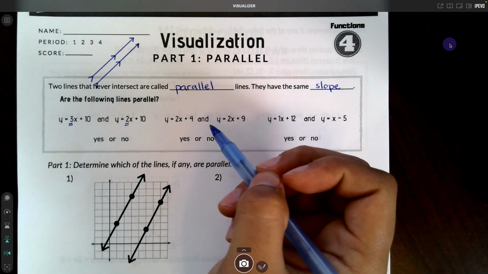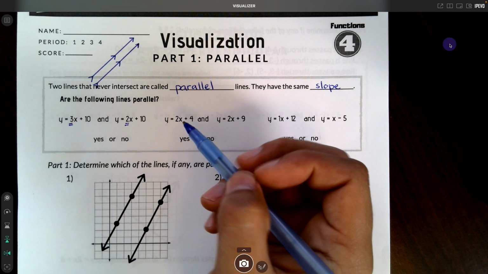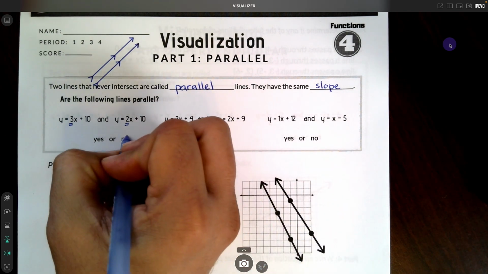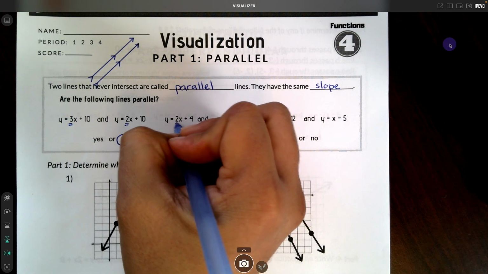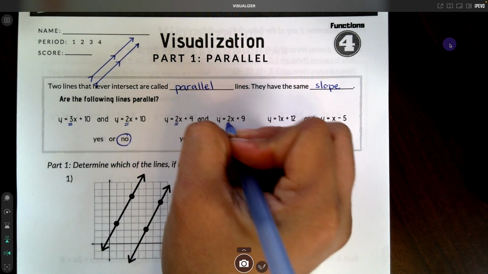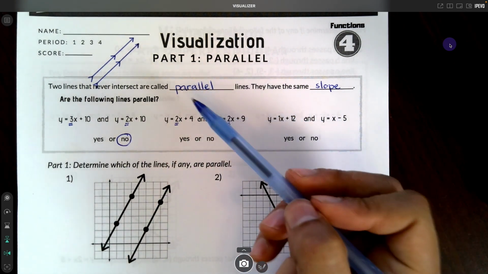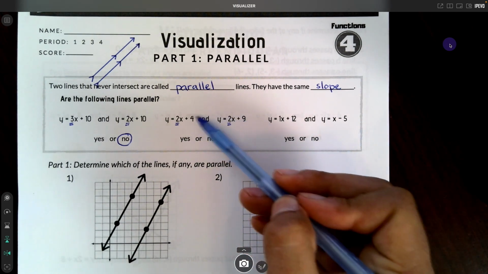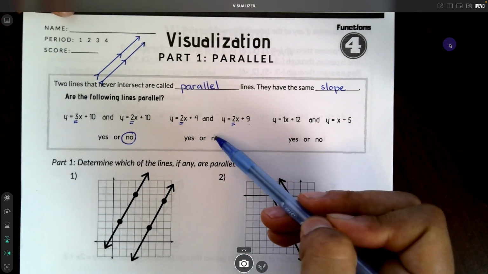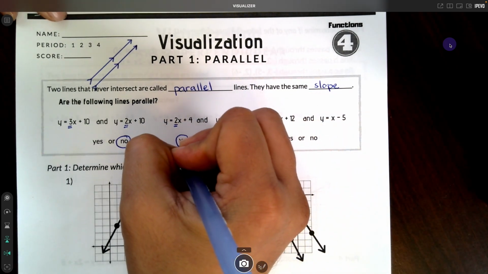And if they have two different numbers, then they are not parallel. So this is not parallel. But if they have the same number, it doesn't matter what number they have at the end, what's their y-intercept. They cross at two different points, that's what that means, but they have the same slope, so this is parallel.